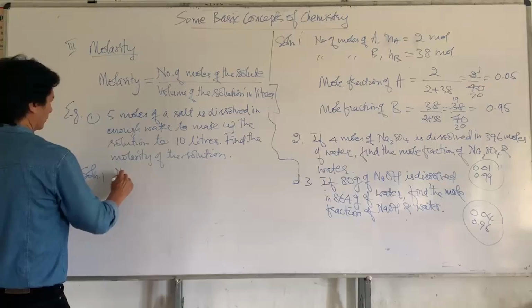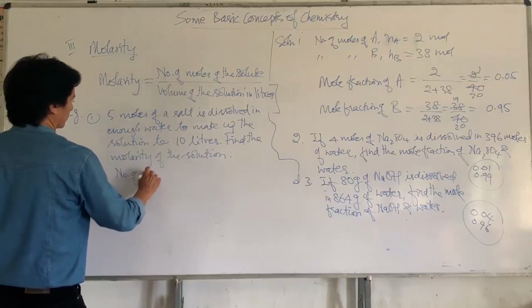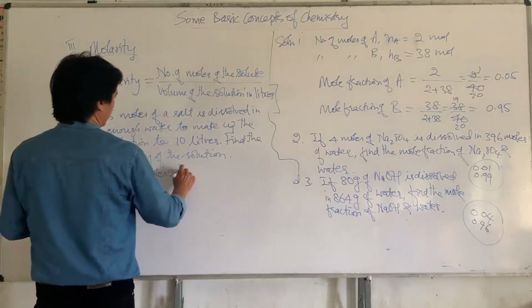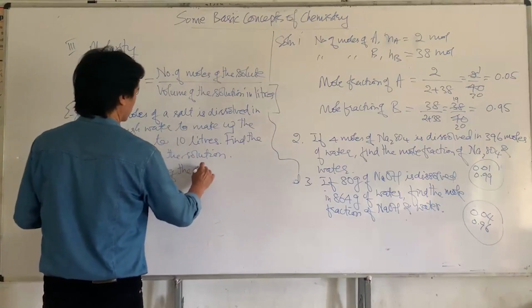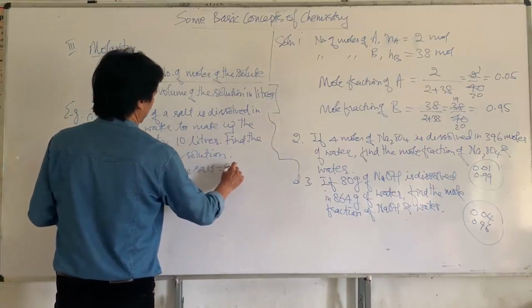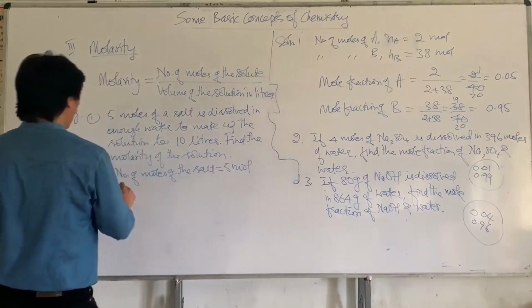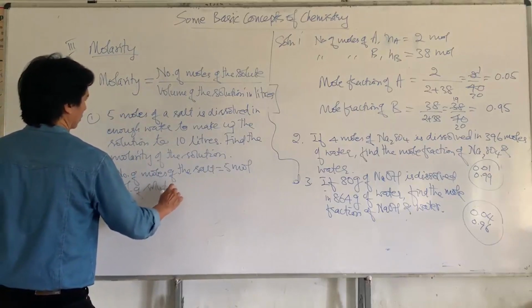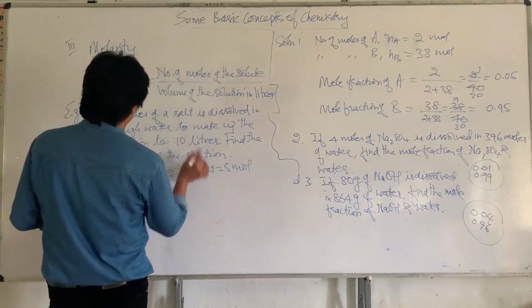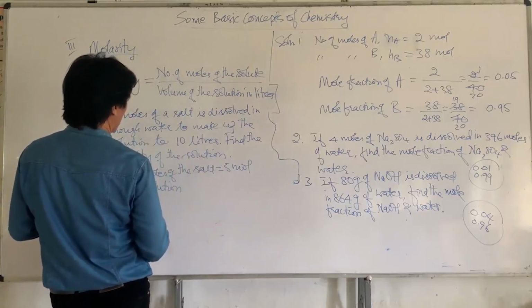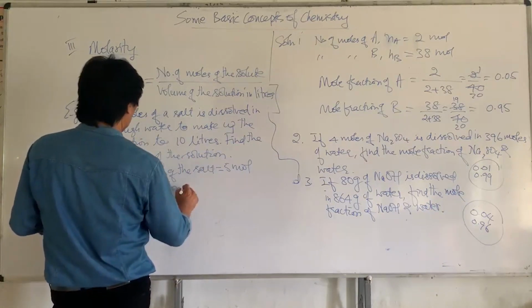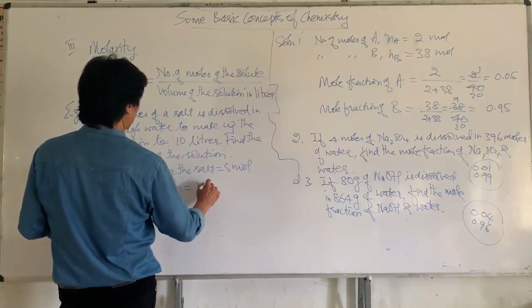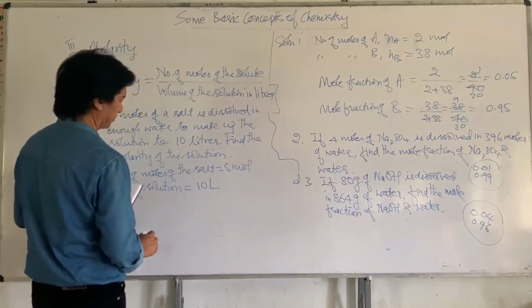You write number of moles of the solute or the salt is 5 moles. You can put 5 mol. Then volume of the solution, that is the salt plus the solvent, it is 10 liters. You can put 10 L.